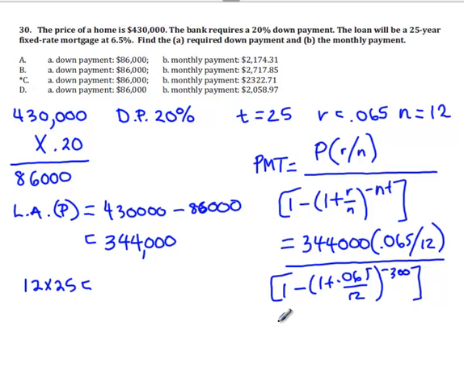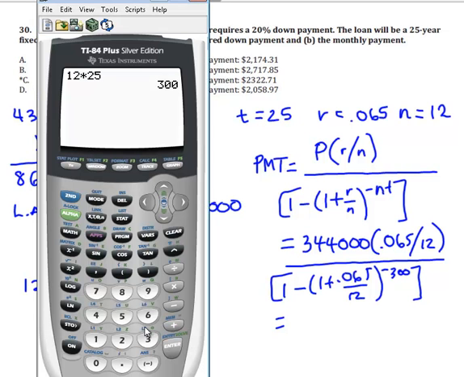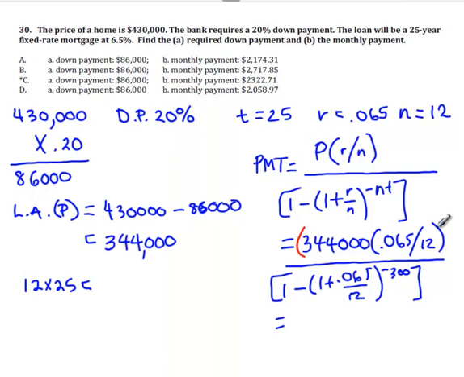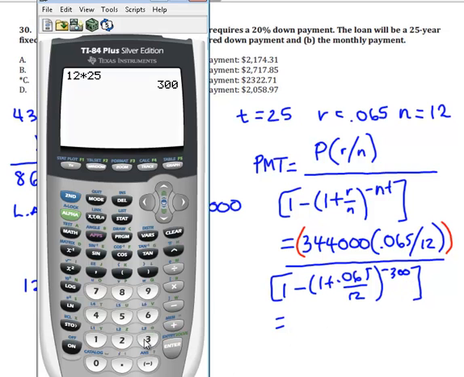Now I can enter this in the calculator just as I see it, and I will get the correct answer. So in the numerator, and if you're unsure, it never hurts to put parentheses around your numerator. Turns out you don't have to have them in this case, but it never hurts to do that. 344,000, parentheses, 0.065 divided by 12. All that's going to be divided by, and you've got to put parentheses or bracket, you can just put another set of parentheses.